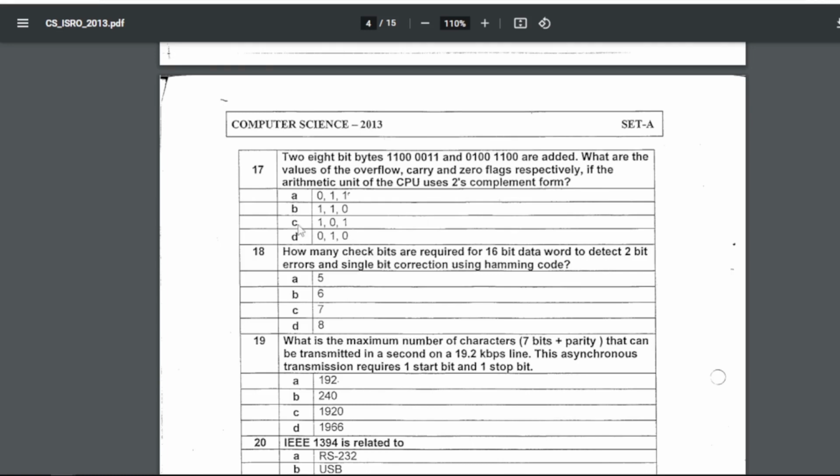Here you add the two numbers. When you add, the carry in and carry out of the most significant bit are the same, which you will get from here. So no overflow will be there, so the overflow flag will be 0 in this case, the carry flag will be 1, and the zero flag will be 0. So this way 010 will be your answer here.